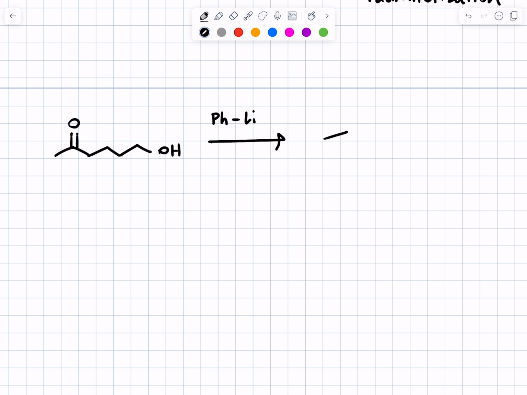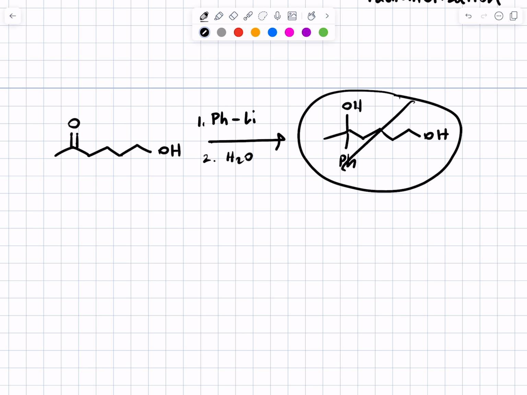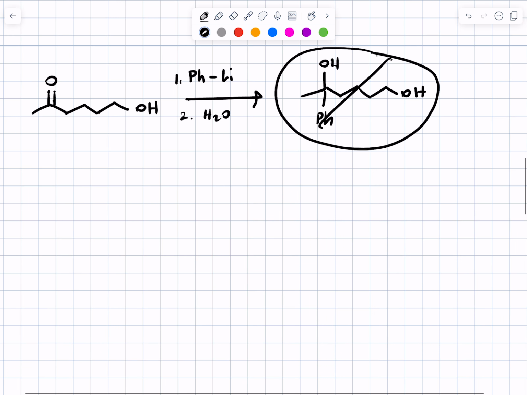And I'm hoping that after aqueous workup, my product is this. Except I find it doesn't work. If I try to do this reaction, the thing that I actually see is this.